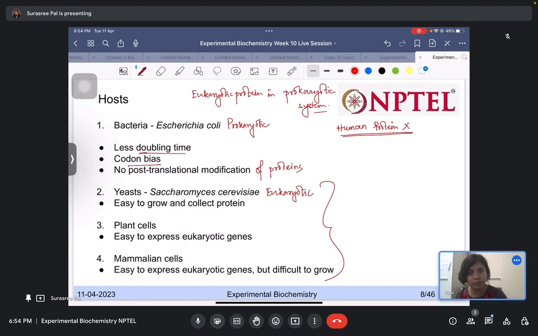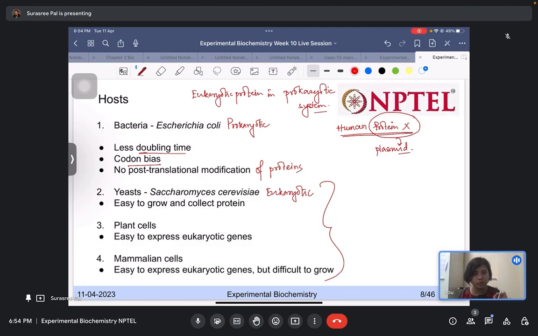To characterize the function of the protein, we need to purify the protein. For purification, first we need to overexpress the protein. So for that, we first clone this gene of protein X into a plasmid vector.